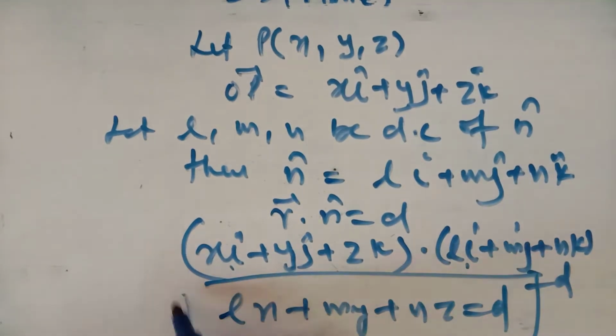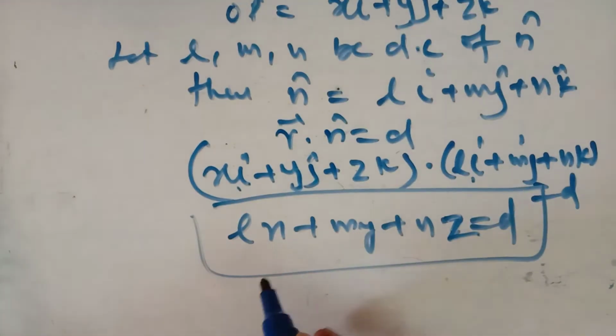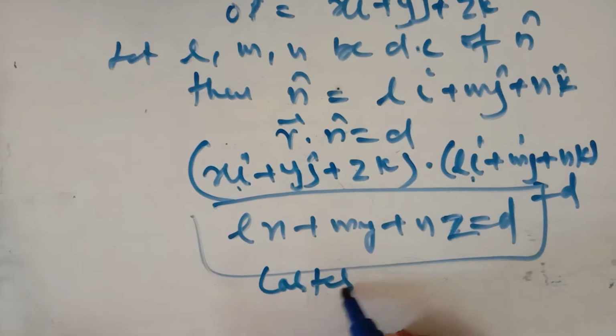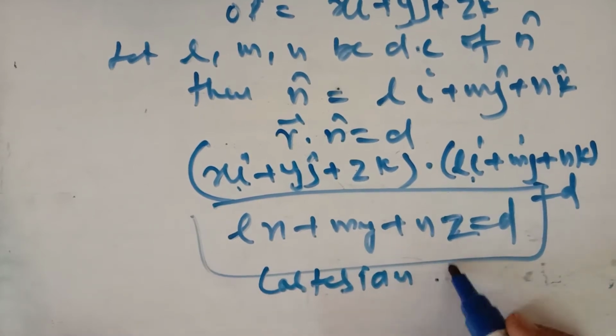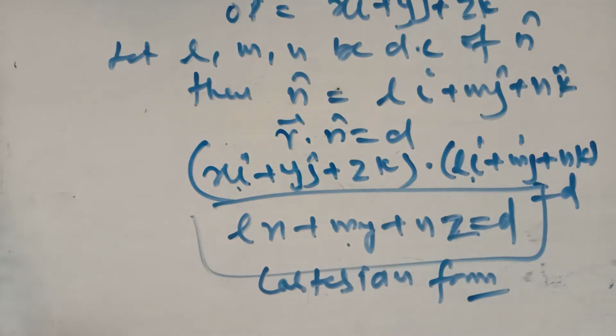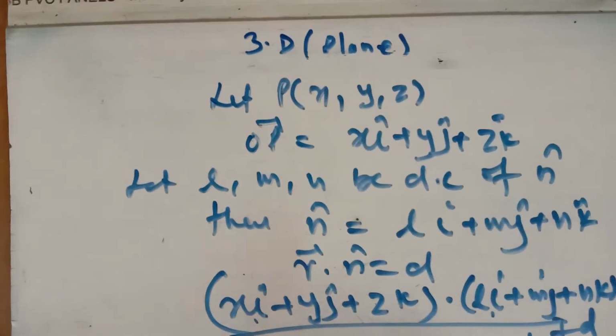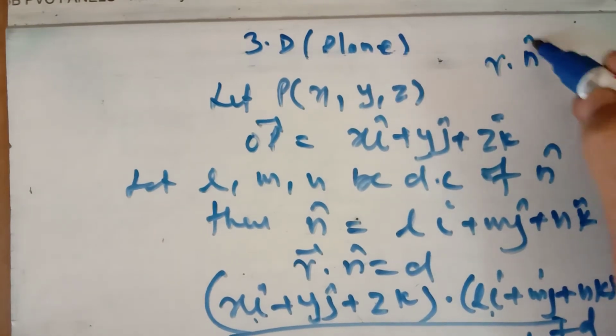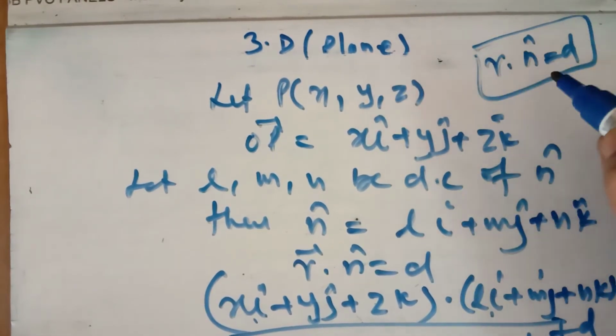This is the equation of the plane in the normal form, Cartesian form, where l, m, n are the direction cosines of the normal to the plane. So we have done the equation of the plane in the normal form, and the vector form is r dot n cap is equal to d, where n cap is a unit vector along the normal.